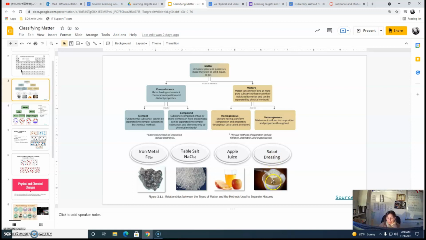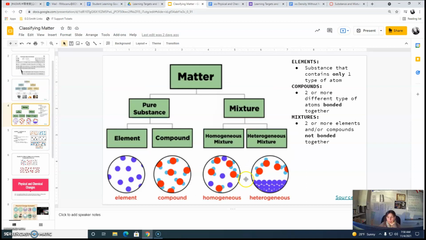You can see little flakes of different things in there, different colors, probably different consistencies. In these dot diagrams, a homogeneous mixture would show your elements, atoms, and molecules mixed together in a uniform fashion, versus a heterogeneous mixture, where you can see they're clearly separated.